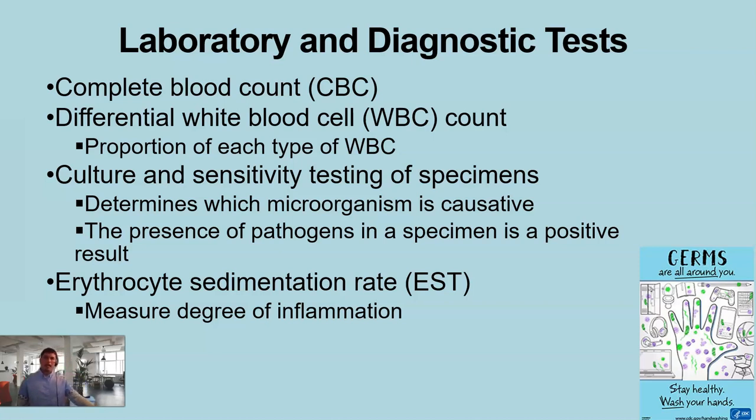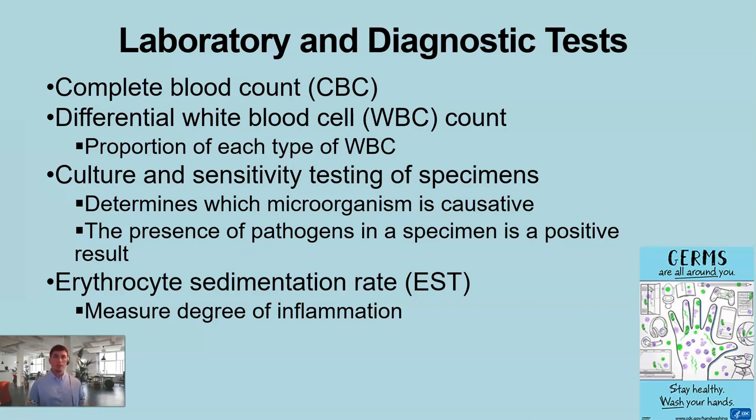Let's talk about some of the laboratory and diagnostic tests. Tests include a complete blood count, abbreviated CBC. Talking about the differential white blood cell, the normal white blood cell count for adults is anywhere between 5,000 to 10,000 cells per mm cubed.